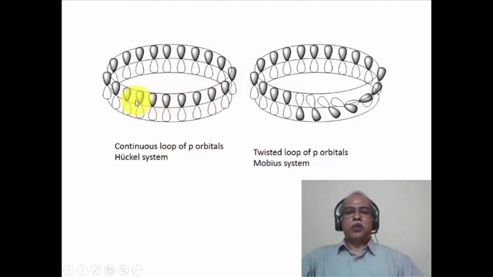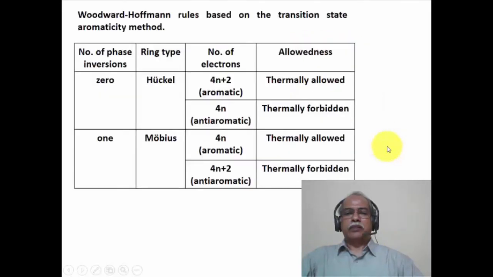If it is 4n plus 2 electrons, just as in the case of benzene for example, then it would correspond to an aromatic loop. On the other hand, if you consider this loop, it is continuous up to this point here, and then there is a twist of the loop here. And this is what is known as the Mobius loop. And in the Mobius loop, if it is a 4n electron system, it would be aromatic. And if it is a 4n plus 2 electron system, it will be anti-aromatic in nature.